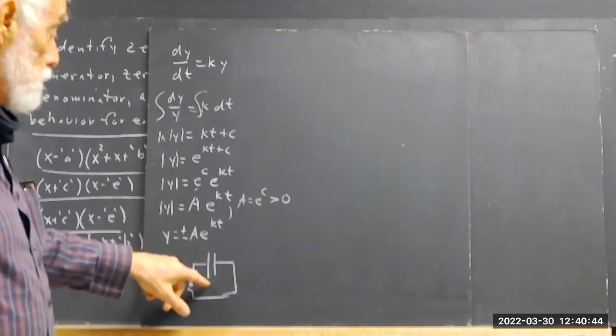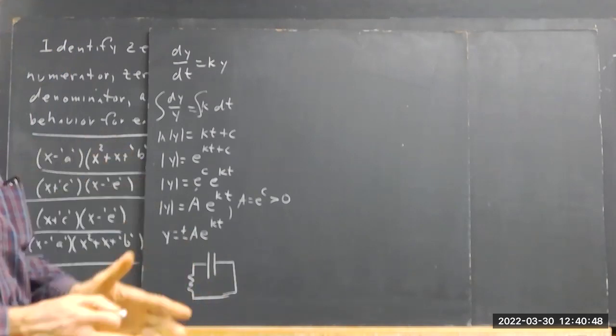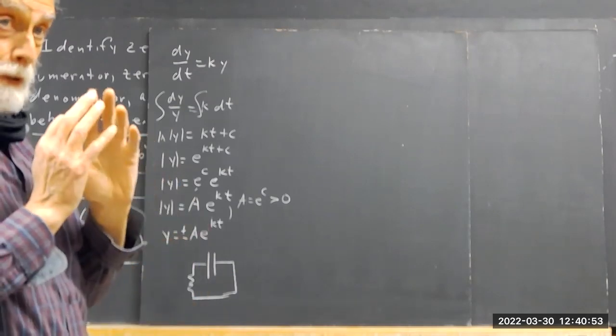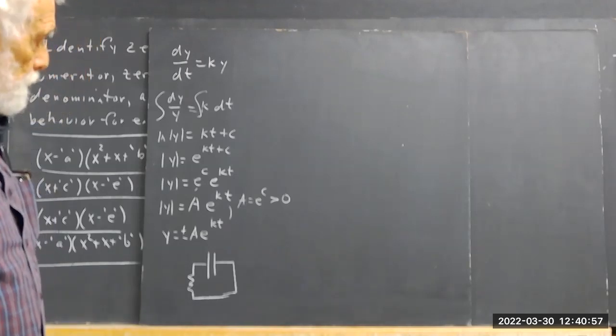Okay, the voltage that you get here is proportional to how much charge you have. The potential difference is proportional to the charge. Now, we went over the details of that. I drew it out last time. So if you missed last time, you want to understand those details, but that's simple.